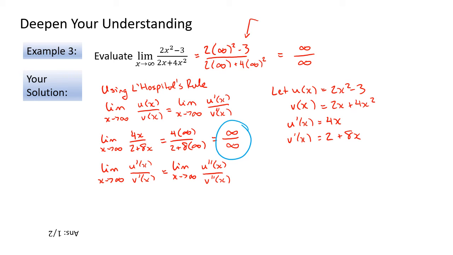Okay, it doesn't make any difference. You can still do it again. So if we do the second derivative, u double prime of x, for the first case, starting with 4x, the derivative is simply 4, and v double prime of x, starting with 2 plus 8x, is simply 8.